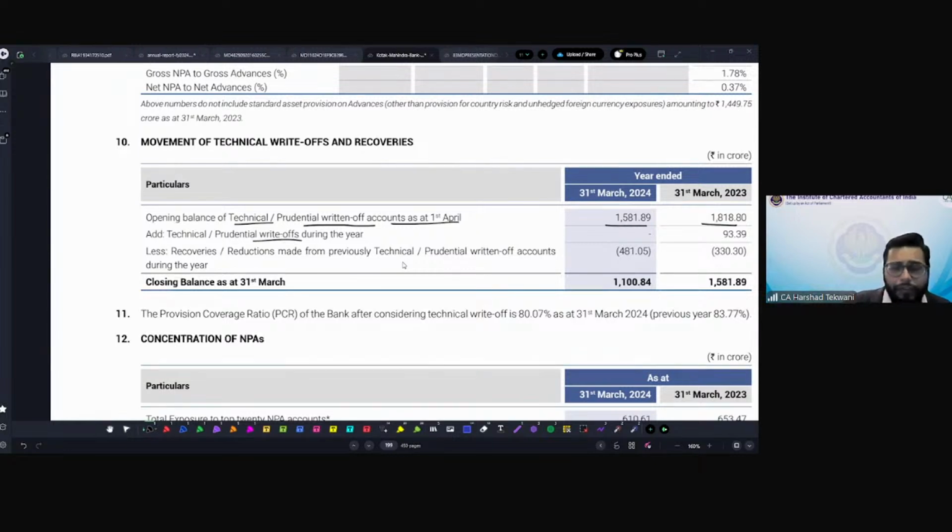Then additional write-off during the year. And then you have recoveries and reductions made from those write-offs. So you have to report the technical write-off, and then the reduction and recoveries from the write-off. So it's very different when it comes to write-offs. There are a lot of reporting requirements on that.